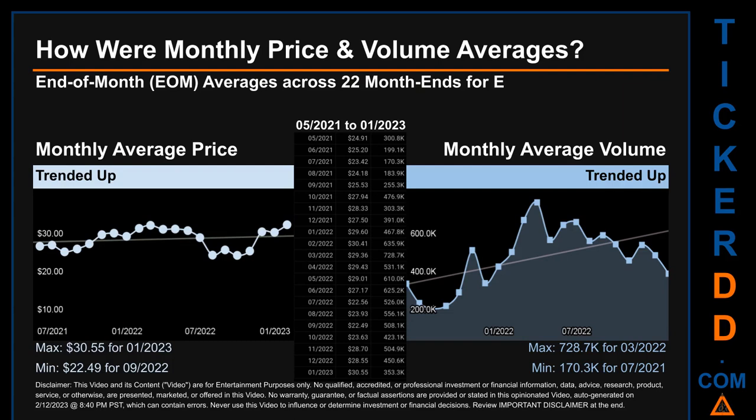The maximum end of month average price was $30.55 for 01/2023 while the minimum was $22.49 for 09/2022. Looking at volume, 03/2022 and 07/2021 respectively saw the highest and lowest monthly average volume at 728.7 thousand and 170.3 thousand.